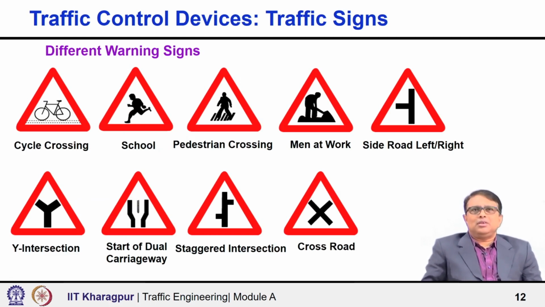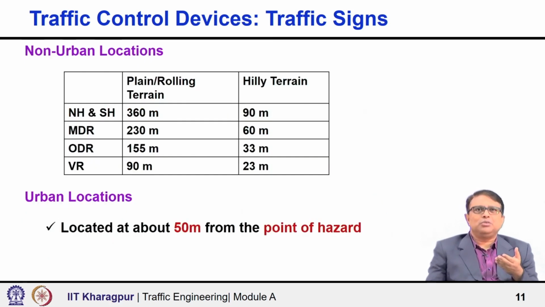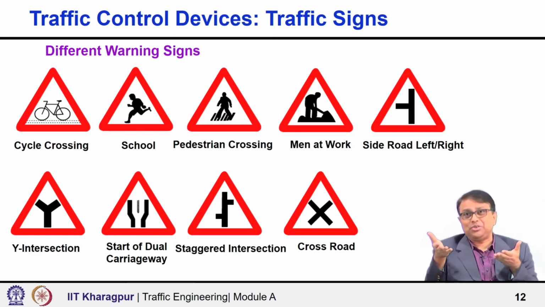Next, we are showing different types of warning signs. In the previous slide I showed some of them, such as left and right hand curves and right or left hairpin bends. Here we are showing some more, say cycle crossing and school zone ahead, which is very important. Then pedestrian crossing ahead, so drivers should know that pedestrians would like to cross.